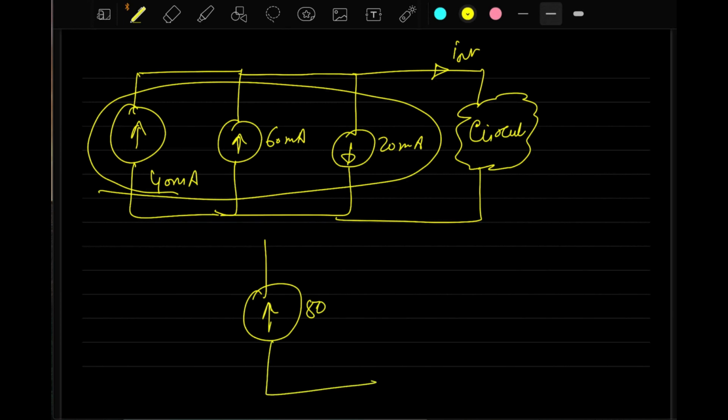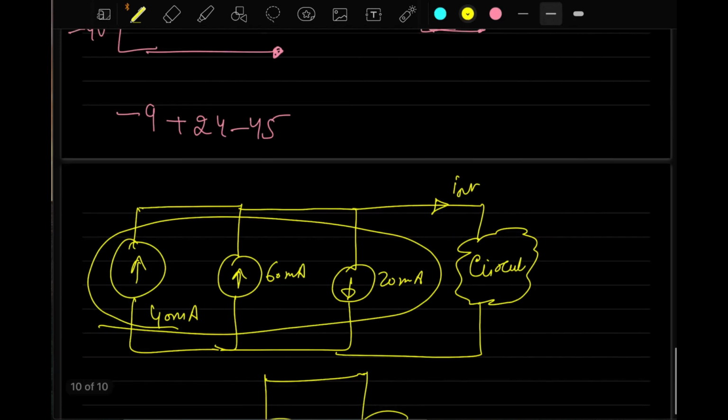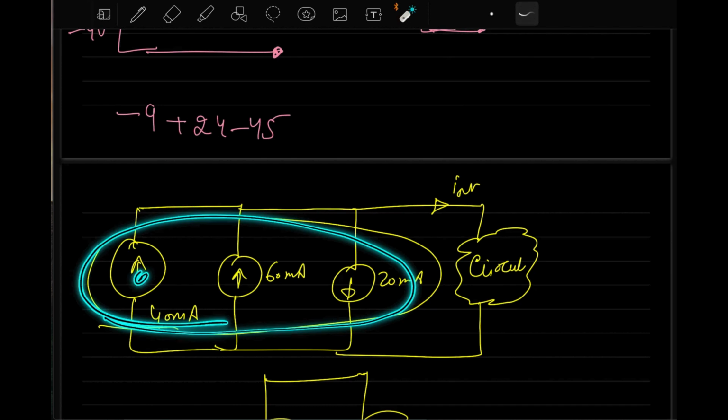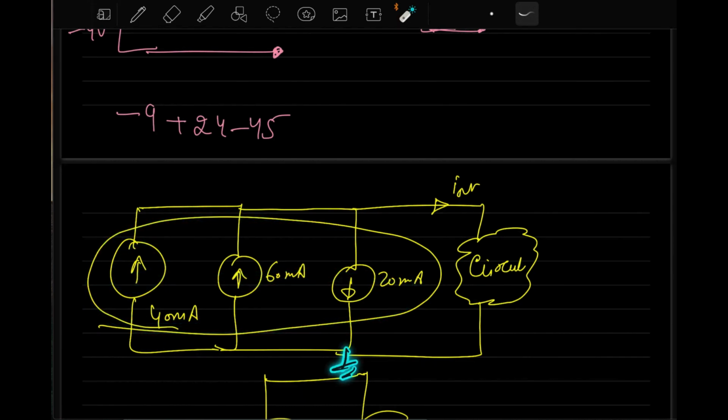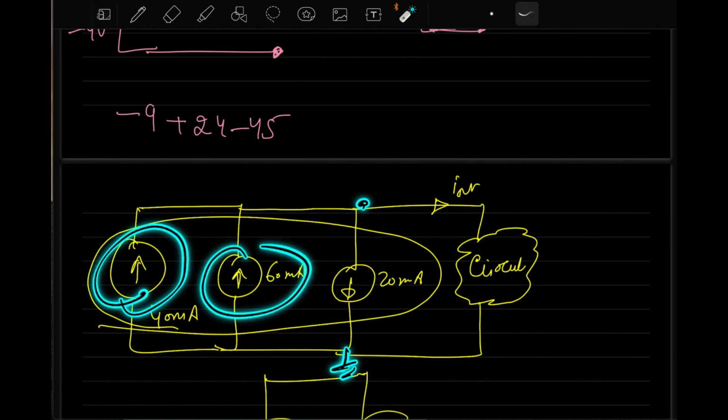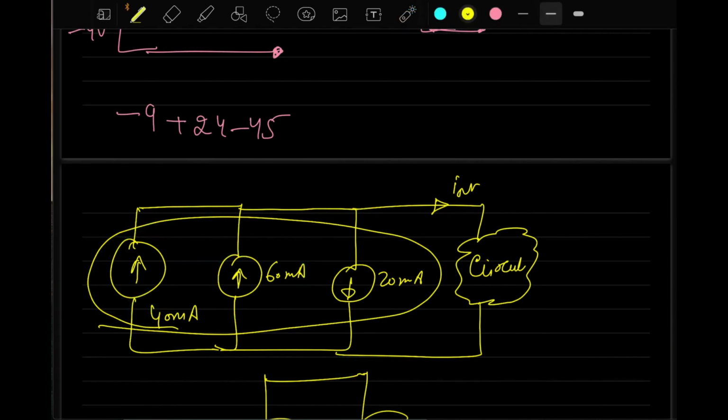So you can easily solve this type of thing. What I'm trying to say is, if parallel current sources are there, you can easily add or subtract them in between the two nodes, provided there is no resistance in between. If there are resistances in between, then you cannot do that.